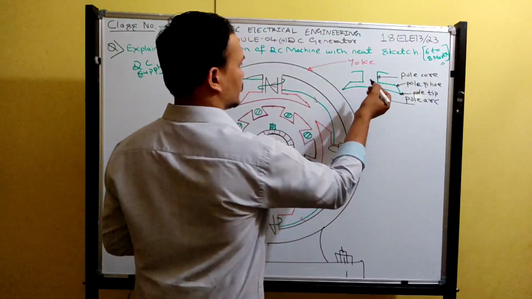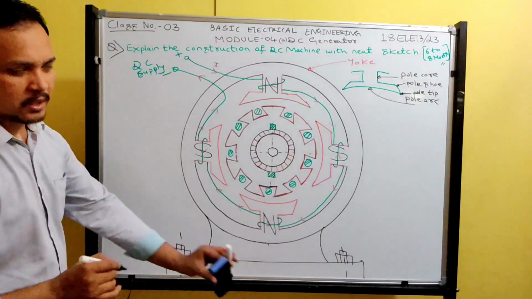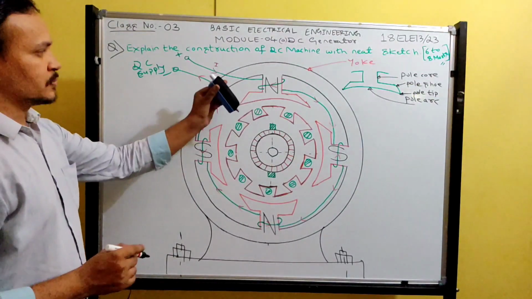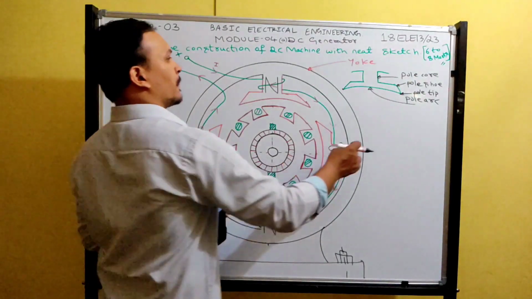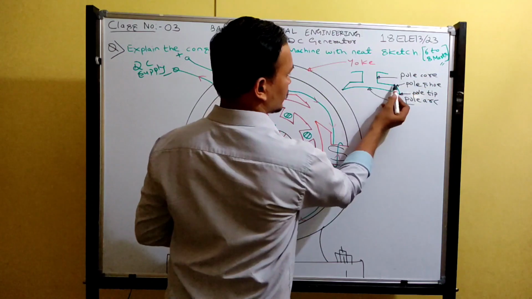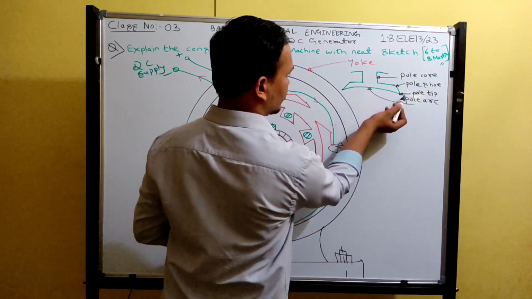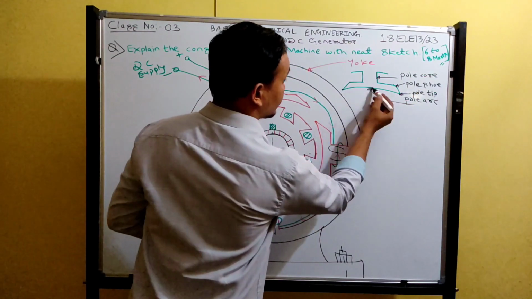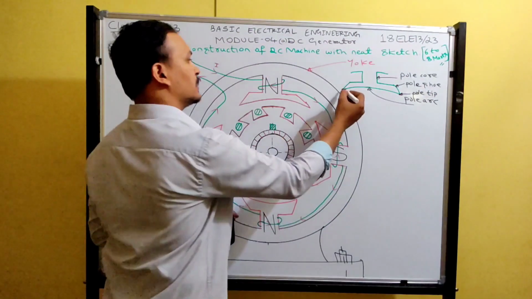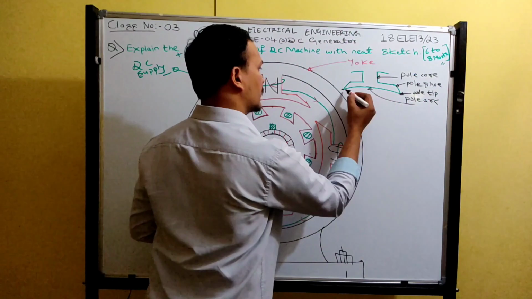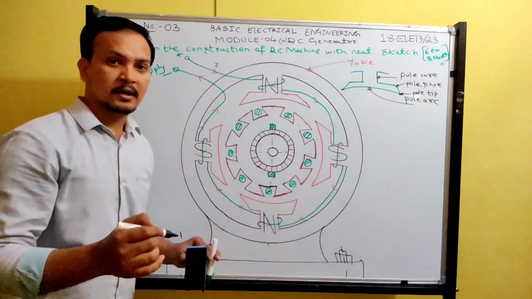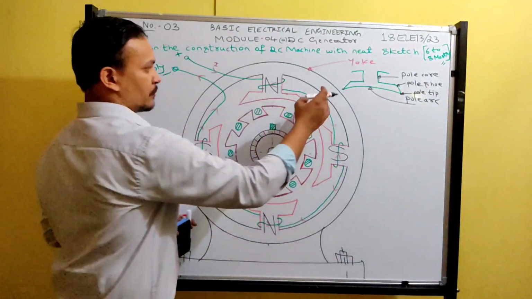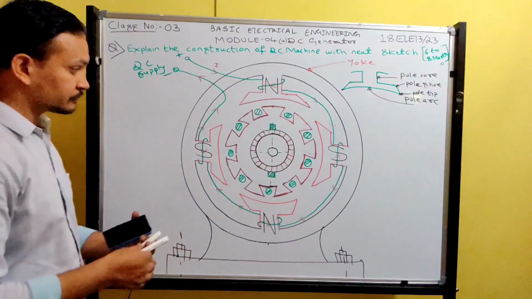So initially you just know the basic parts of the respective pole. So this is called pole core, this is called pole shoe, this curvature is called pole arc, and these end points, the sharp edge points, are called pole tips. Okay, so this completes regarding pole.